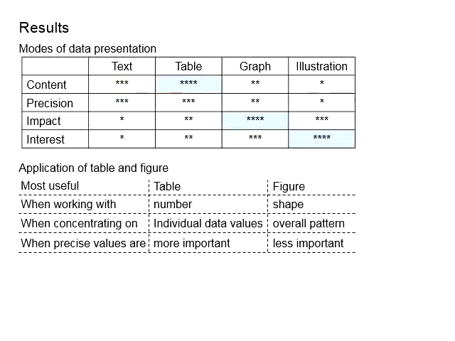If you are looking for precision in terms of the numbers presented, text and table will be more appropriate. If you are talking about impact and interest, whether you are going to draw better attention from the readers, as well as how much the readers can recall after reading your thesis, as represented by interest and impact respectively, then you might want to consider the graph and illustrations.